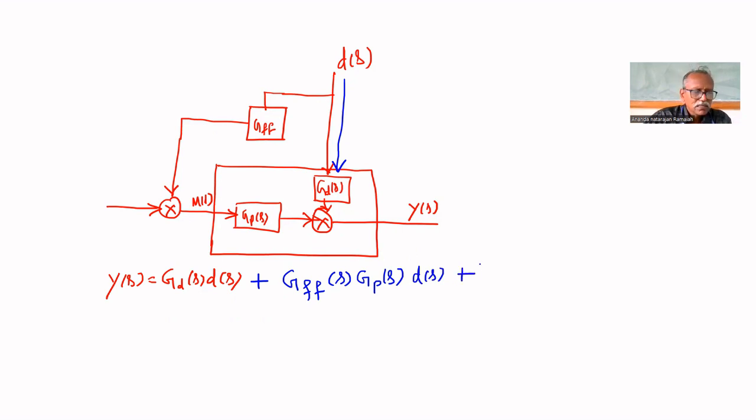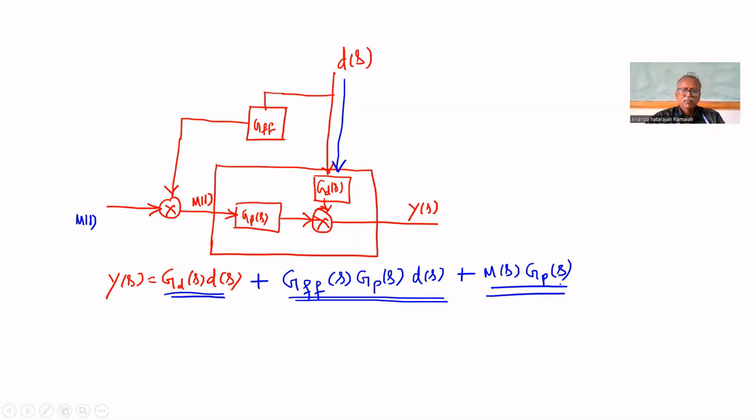Plus, if you give input, you are adding the controller output plus input. If you consider this path, you will get M of S multiplied by GP of S. So Y of S equals, this is because of disturbance, and this is because of the feed-forward controller and disturbance.